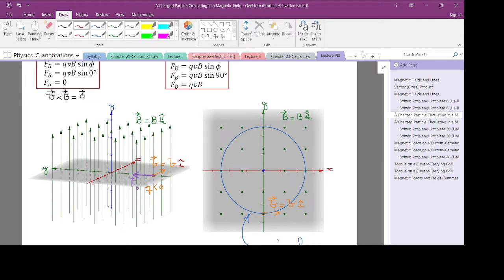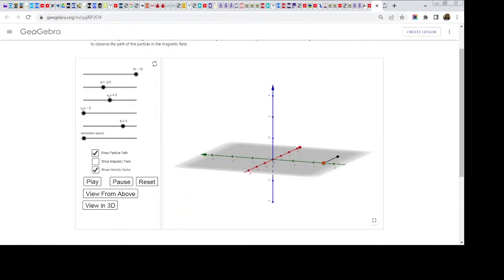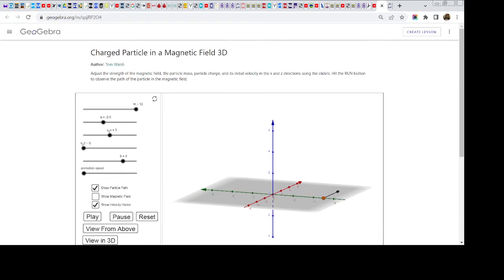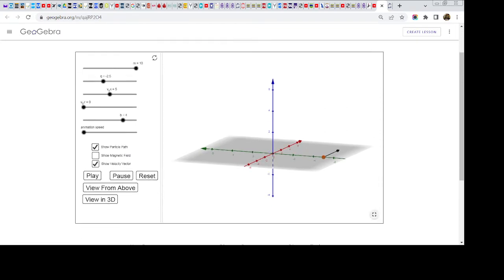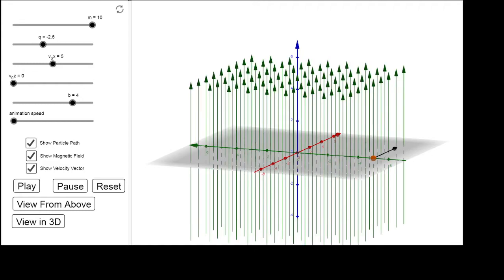Let's see the simulation. Maybe checking the simulation makes it easier to understand what is going on here. I have this simulation developed by Tom Walsh. Here we have a particle in orange, and the particle is moving in the positive direction of the x-axis. We have the magnetic field in green pointing in the positive direction of the z-axis.